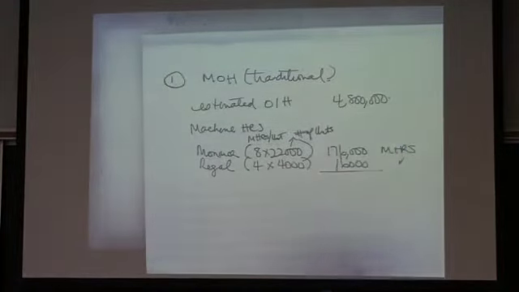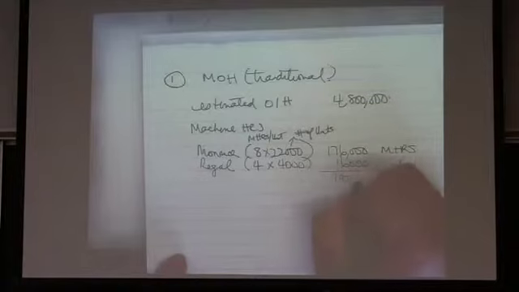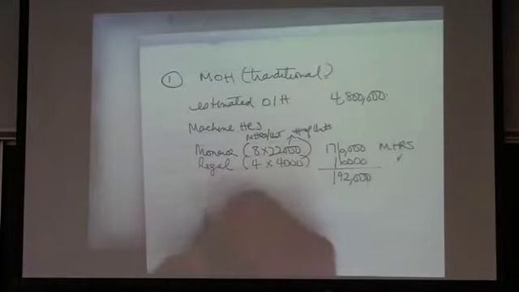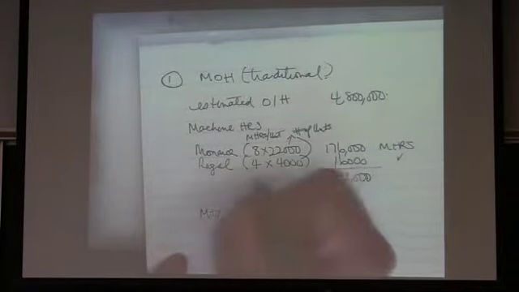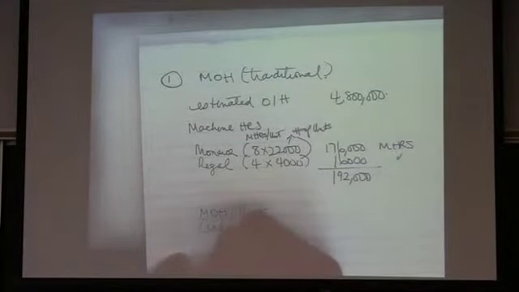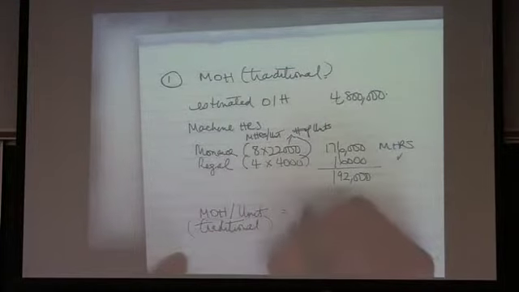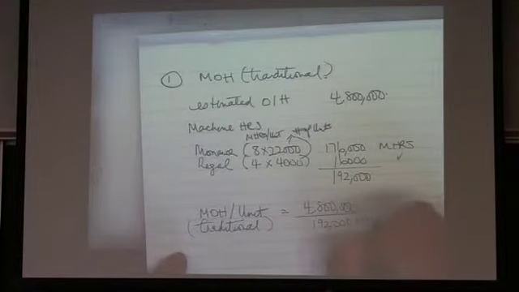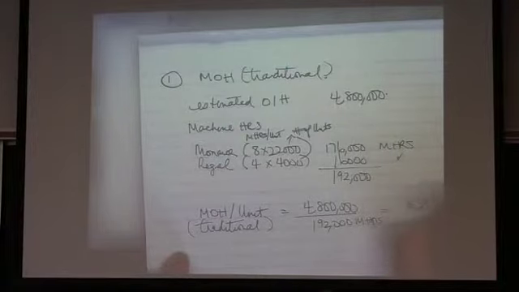And that gives us 192. So the MOH per unit under traditional is 4.8 million divided by 192 machine hours, which gives us $25 per machine hour.